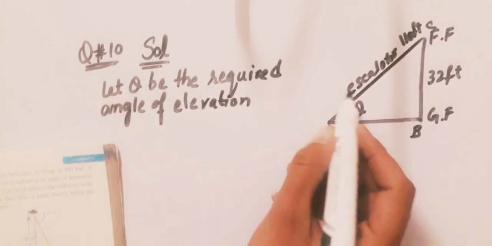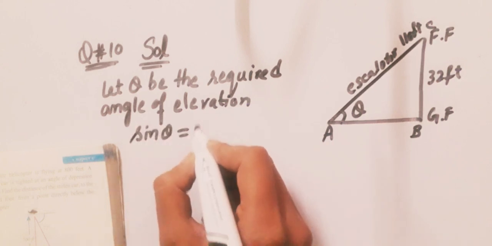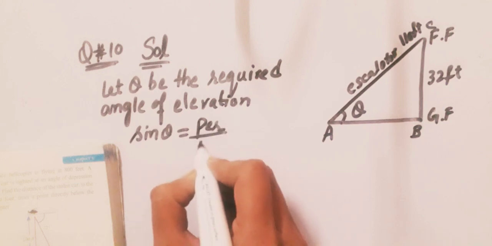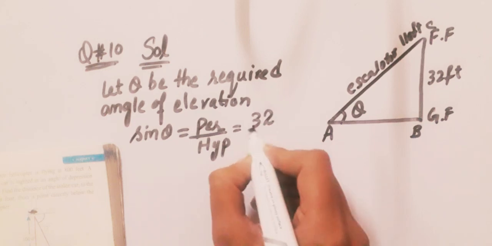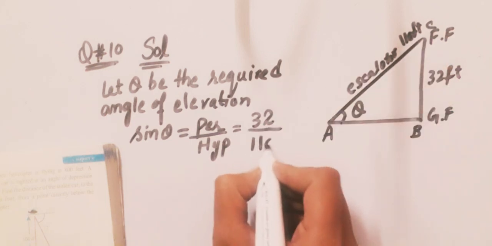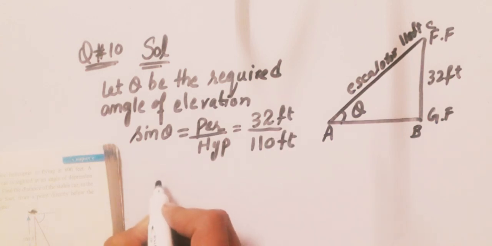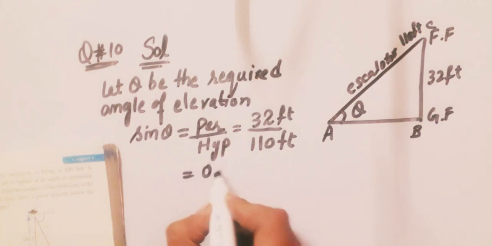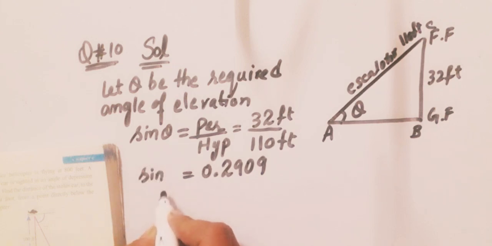So you will use sin theta, which is equal to perpendicular over hypotenuse. So perpendicular is 32 and hypotenuse is 110 feet. Now you will divide 32 by 110. Answer is 0.2909. You have to find the theta.